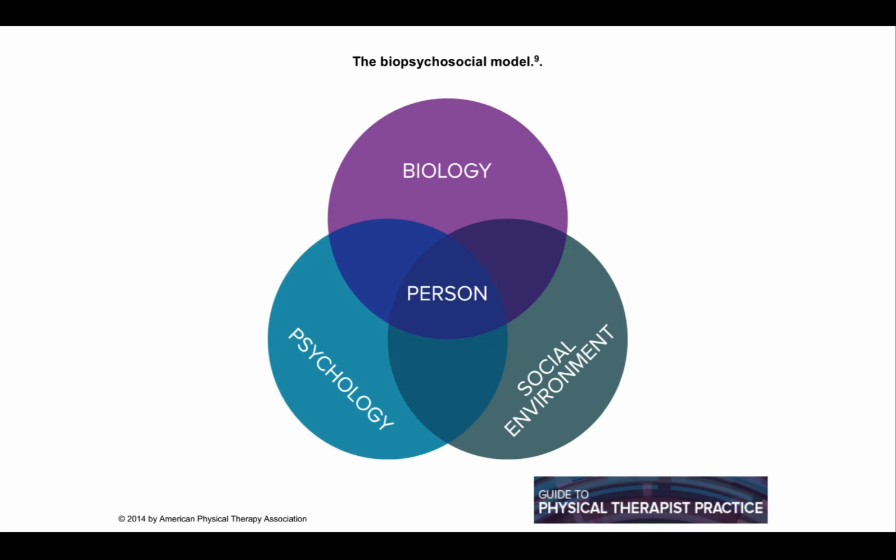So, for example, two people with the same pathology may have different levels of motivation or different levels of socioeconomic resources that might cause very different outcomes, and a person may be impacted very differently by the same health issue.